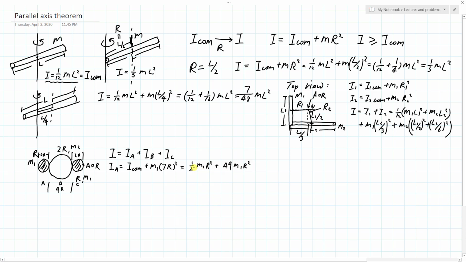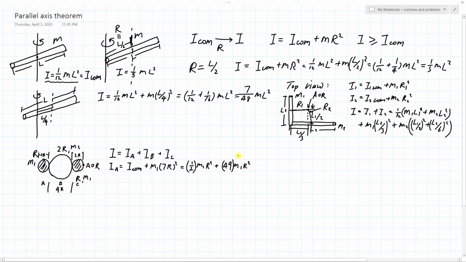And right off the bat, you can see the difference between these two quantities. If you have an object that's at a distance several times its own extent, then the shape of the object is almost irrelevant. So 1/2 compared to 49, that's about 1%, the rest being due to its distance to this axis of rotation.